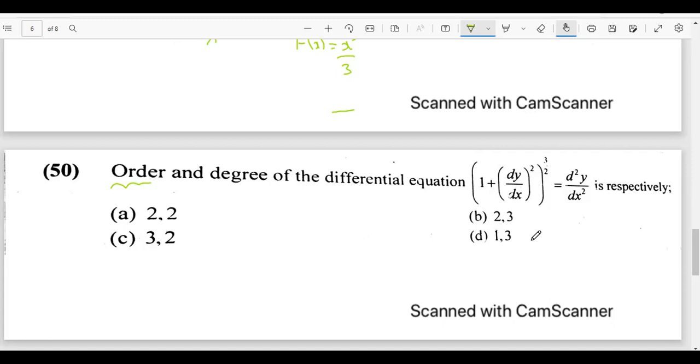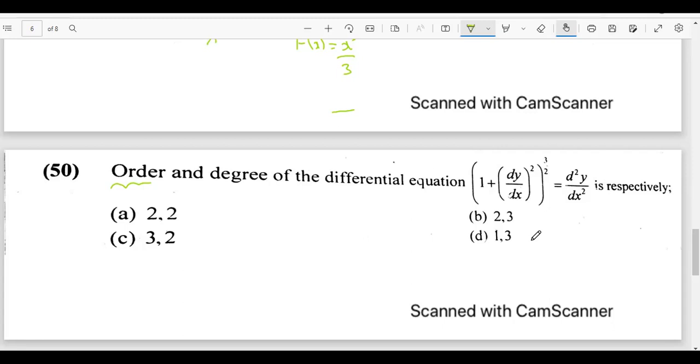Let me check the answer. 50th question. The answer is A, but there is something missing in the question. Maybe because of my book. Let me quickly see if there's something written in the book.